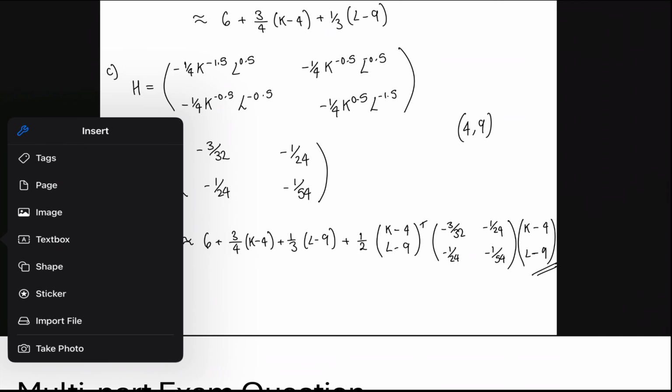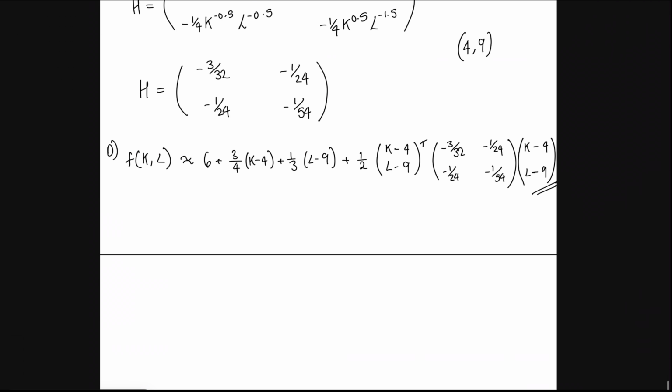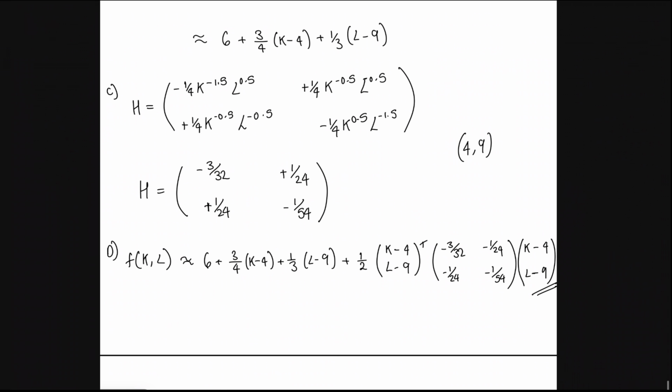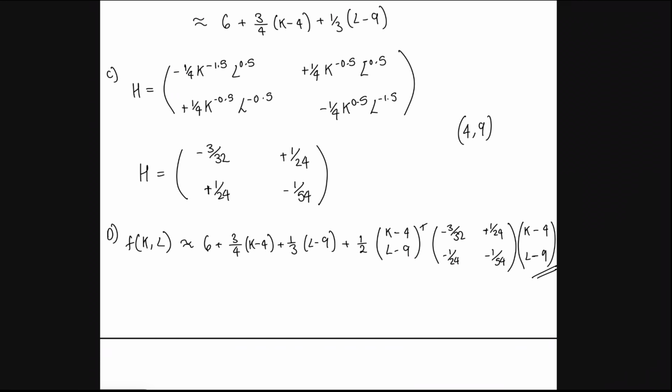And I think I'm just going to leave it in this form, as it might get too messy if I start to expand this out. Also, just a mistake of mine. These should both be pluses, because we're not multiplying by negative 0.5. So yeah, again, these should both be pluses as well.